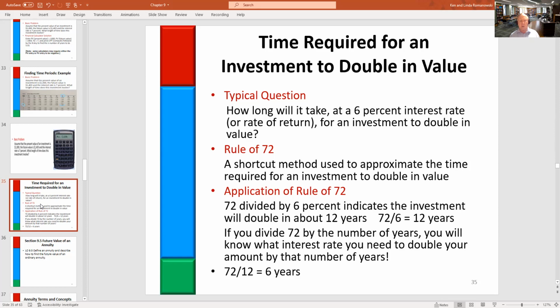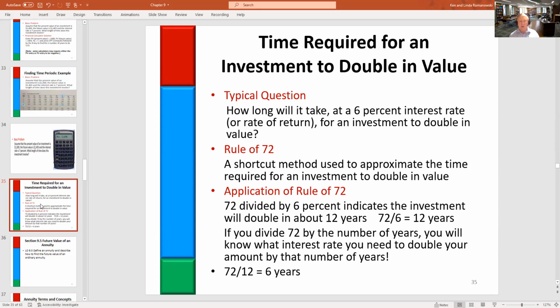So the way that it works is this. You take the number 72. If interest rates are 6%, you divide 6 into 72, and that will tell you that that investment will double in 12 years. 72 divided by 6 equals 12 years.